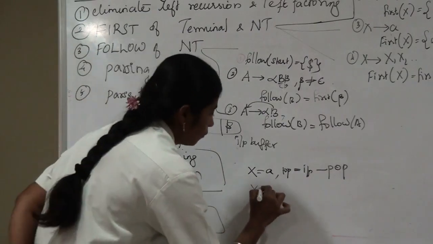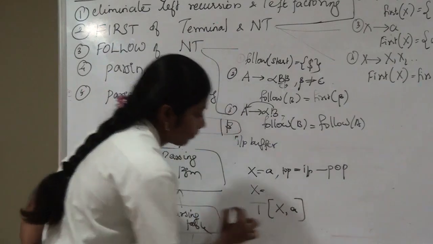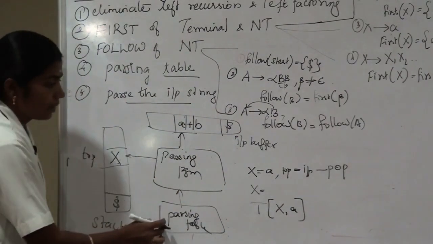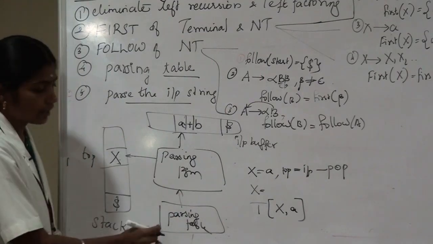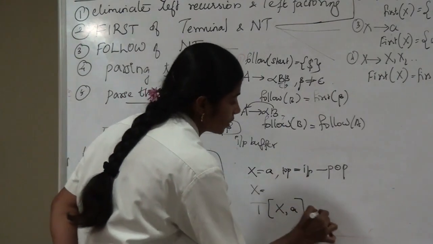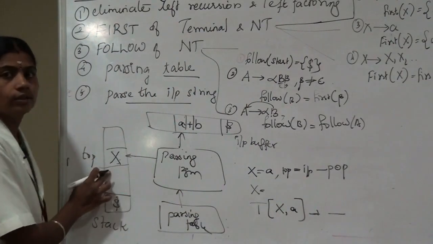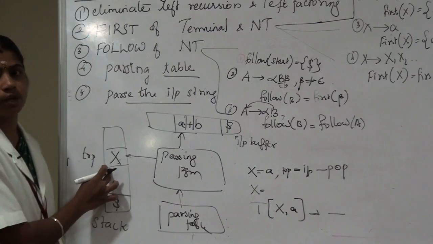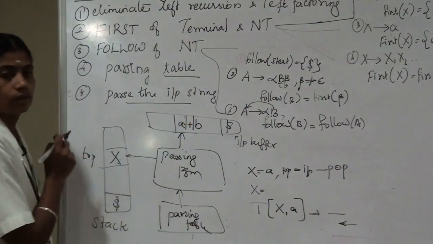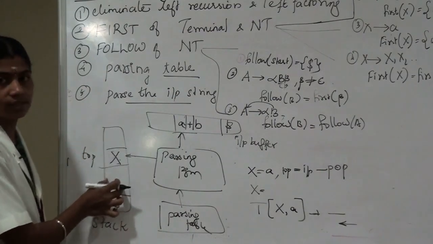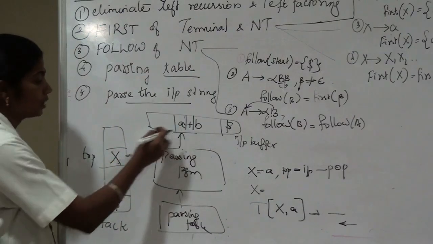The table entry X comma a. What is the production available in the table? You may have some productions here, and that production should be pushed onto the top of the stack in the reverse way, from the right end to the left. Then you again continue checking whether both the symbols are the same.